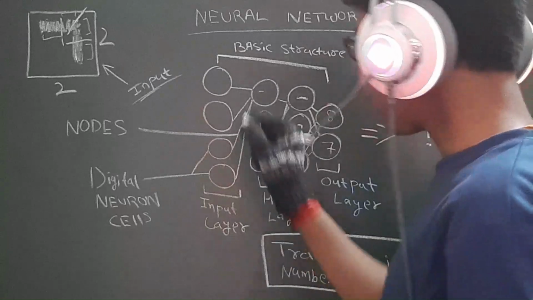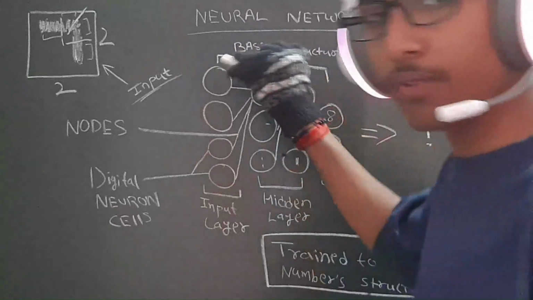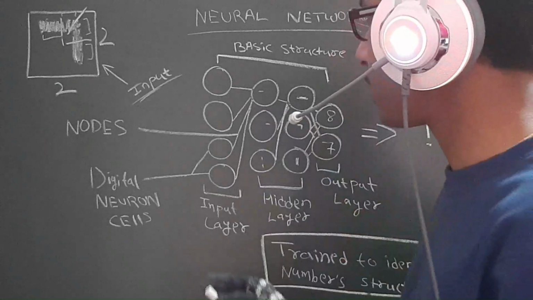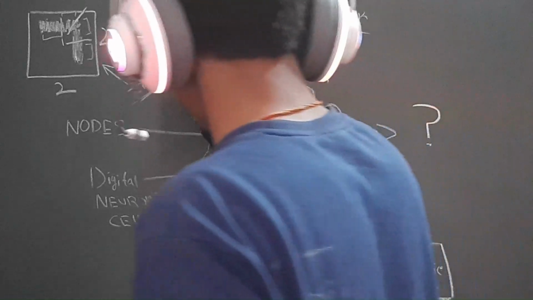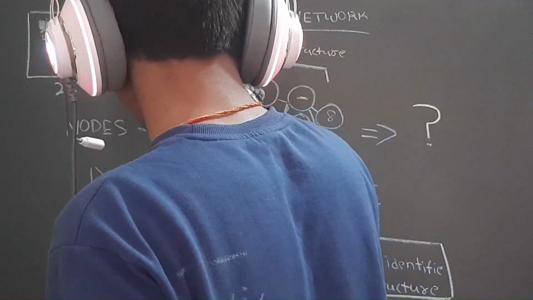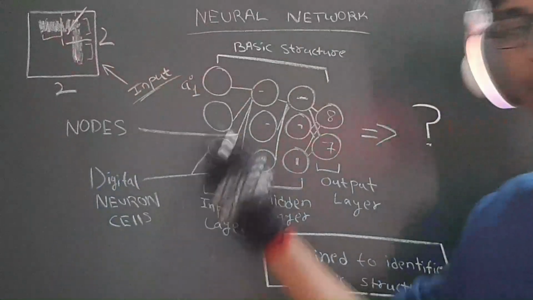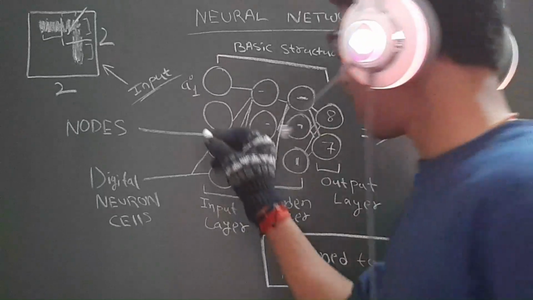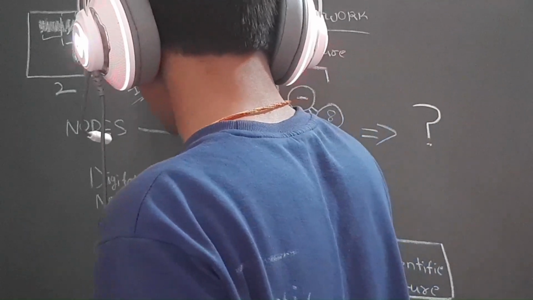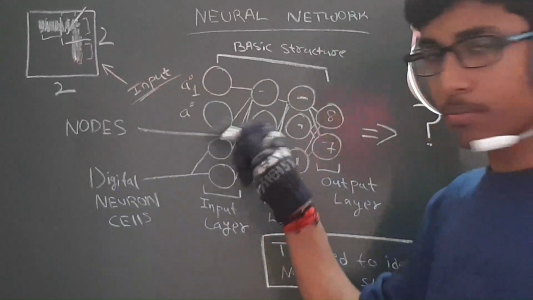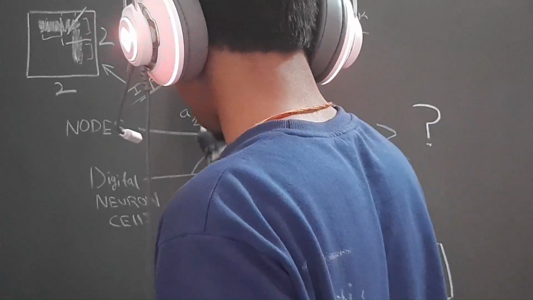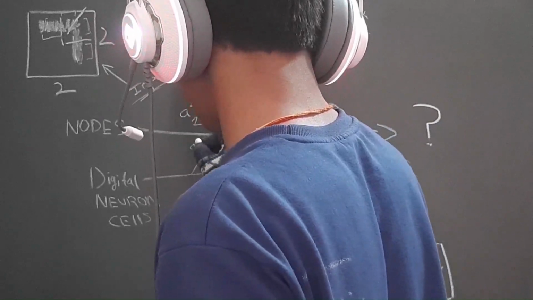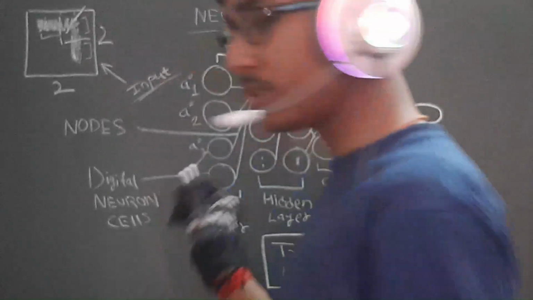So let us assume that this first neuron cell is named a to the power 0, with subscript 1, and the series continues with the exponent 0 while the lower subscript changes in serial order.